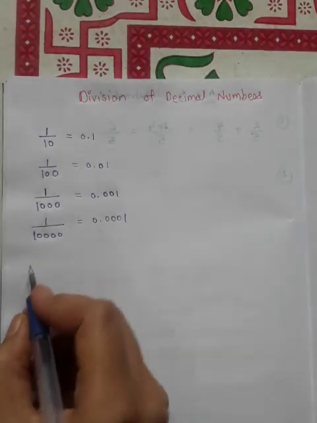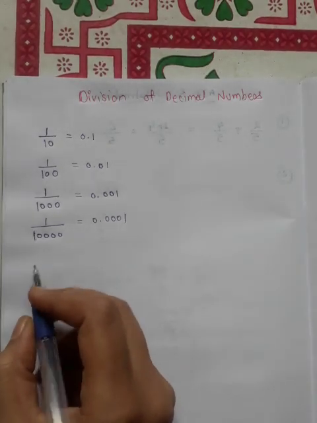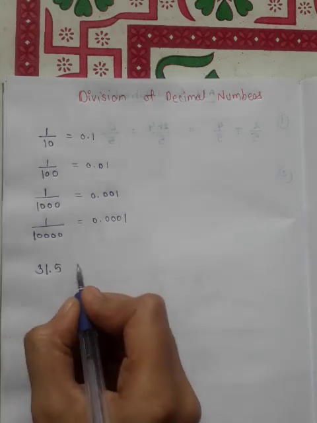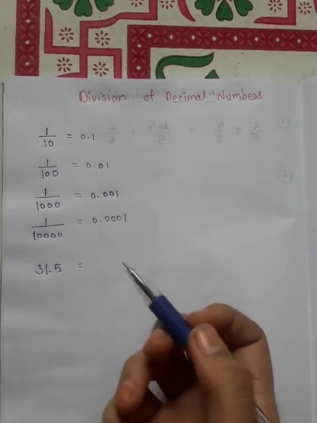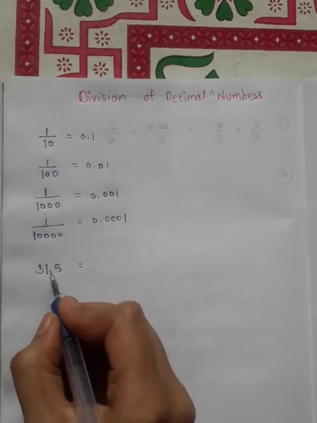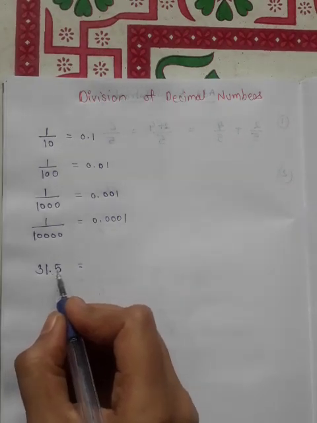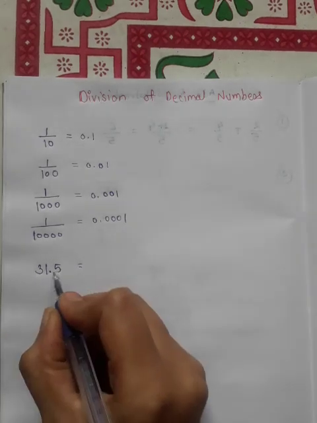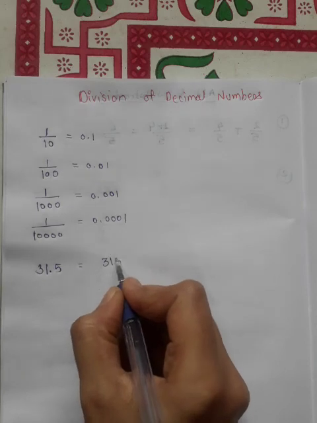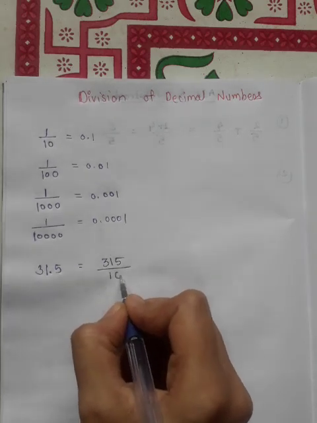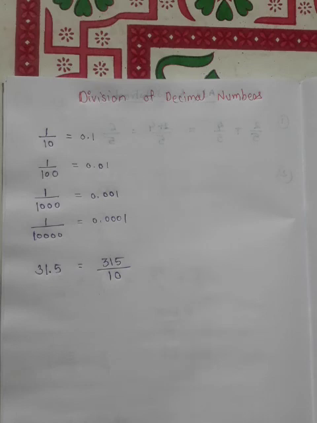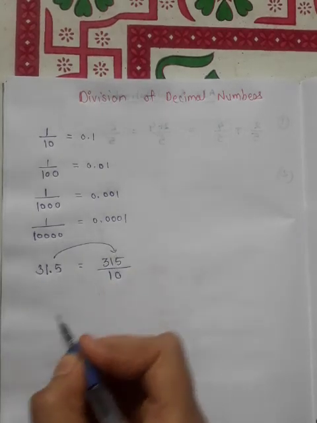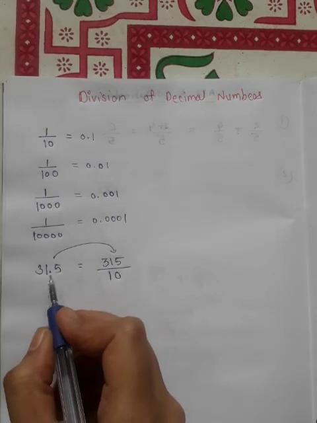Okay, you have also learned how to write a decimal number in terms of a fraction. See, if there is one digit after the decimal point, then we remove that decimal point and in the denominator we write 10. You have also learned this in 6th standard, how to convert a decimal number into a fraction.